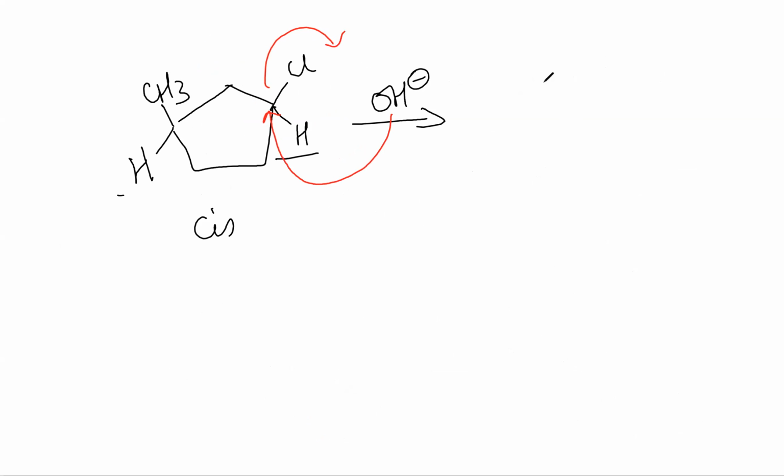So at that point, the CH3 on the left-hand side still remains the same because there is no change there. But on the right-hand side, things have changed now because this OH came from here and then H is on the other side, on the flip side. And so now this has become trans.